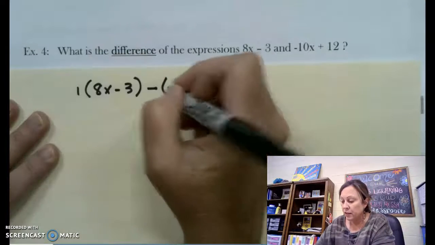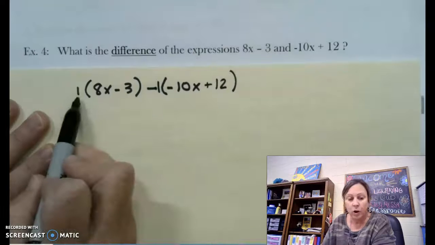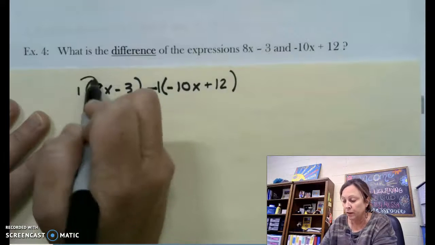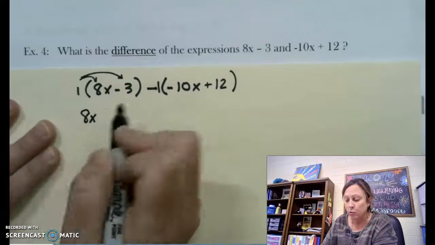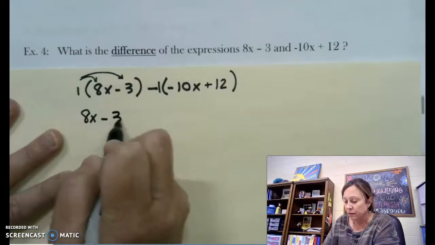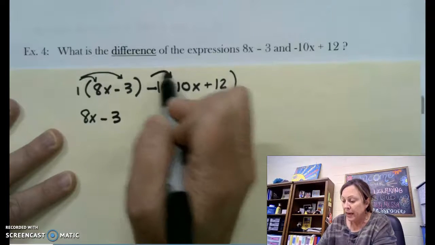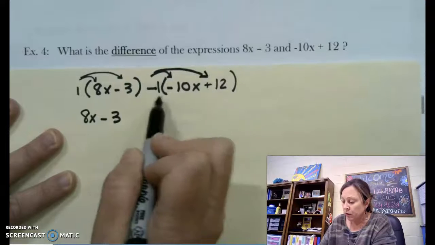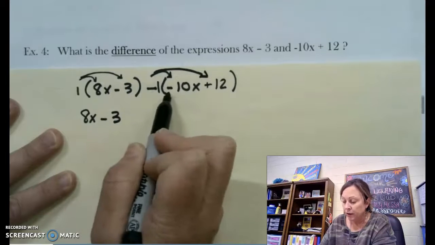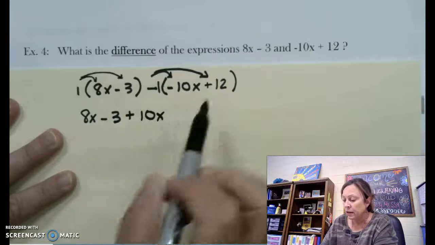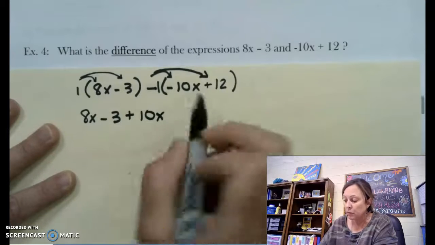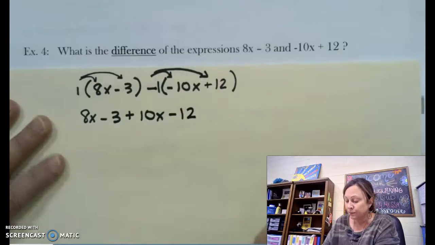We can think of this as distributing a 1, in this case a positive 1. When we distribute a positive 1, nothing changes when we multiply something by positive 1. When we multiply by negative 1 to distribute, we end up with negative 1 times negative 10x becomes a positive 10x, and negative 1 times a positive 12 becomes negative 12.